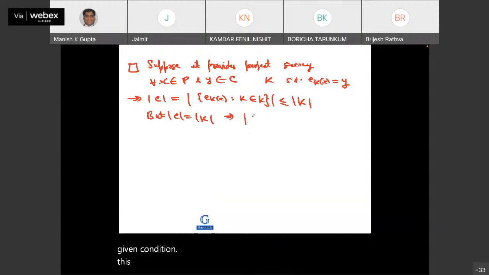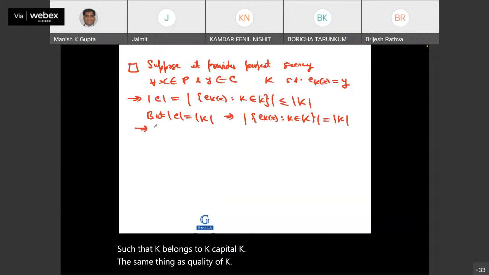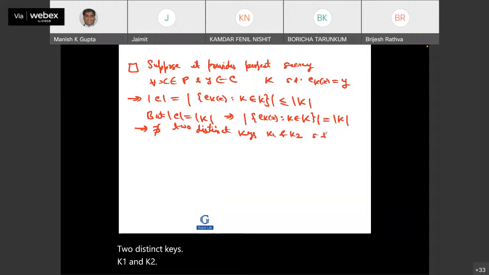This implies that size of {e_k(x) : k belongs to K} is the same thing as size of K. This implies that there do not exist two distinct keys k1 and k2 such that e_k1 of x is equal to e_k2 of x is equal to y.